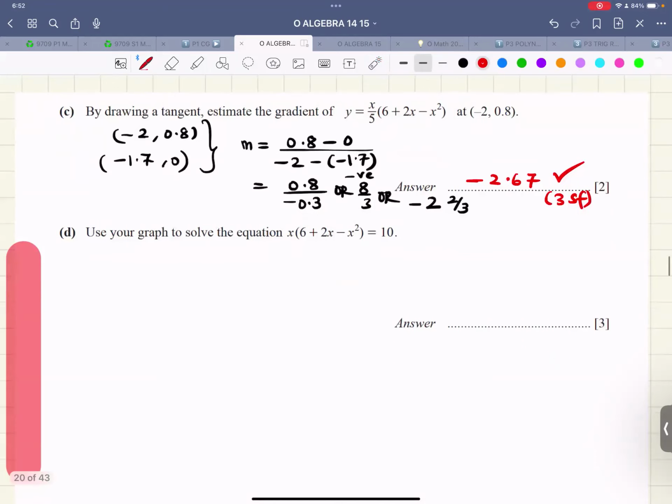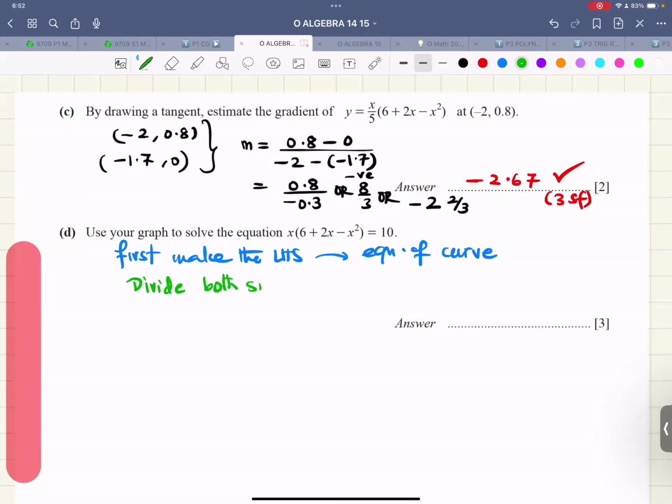So now the strategy is to first make the left-hand side equal to the equation of the curve. How can I make it? I can make it by dividing both sides by 5. So this was the missing piece.